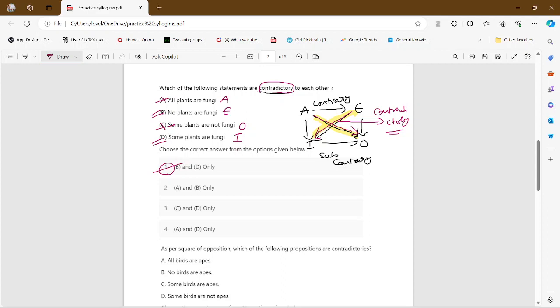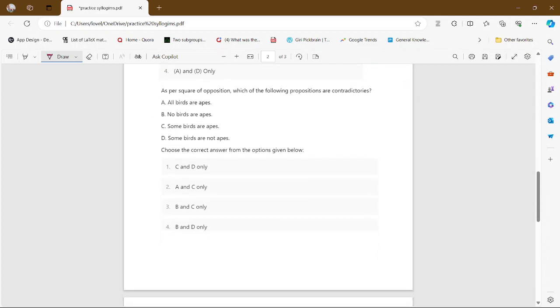If you see the next statement, here also they are asking about contradictories. Instead of contradictory, let us make it contrary to each other. Let us draw A, E, I, O. Whenever they ask this kind of question, don't forget to draw the square.